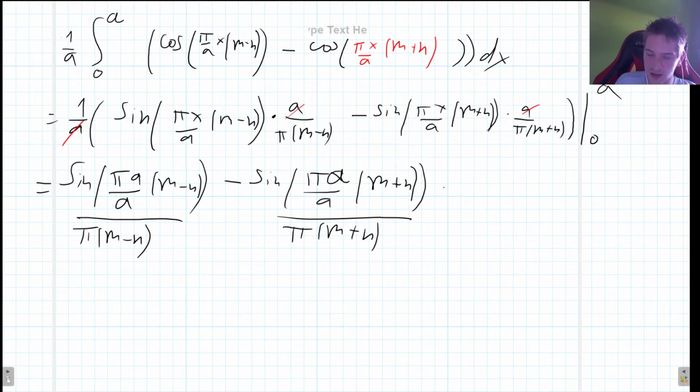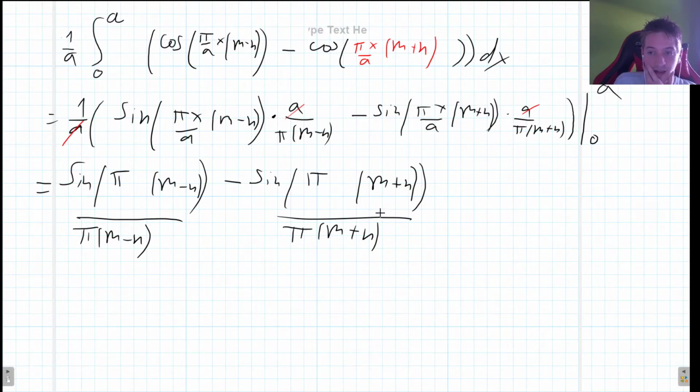And there's also a minus the second term, so you get plus sine of 0 times whatever is multiplying, but that is also 0, so don't worry about it. Now we can simplify these a divided by a's, and we just get sine of pi times (m minus n) minus sine of pi times (m plus n).